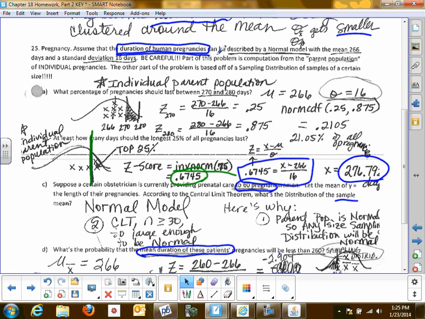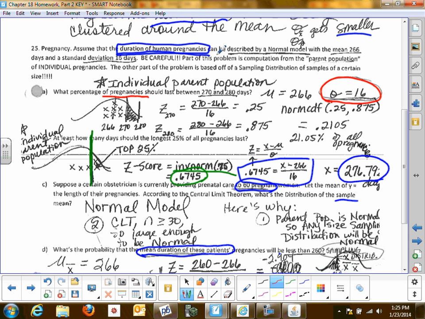All right, so now, here we go. What percentage of pregnancies? We're not talking about an average of pregnancies. We're just talking about the individual pregnancies. So I am computing from the parent population with a standard deviation of 16.